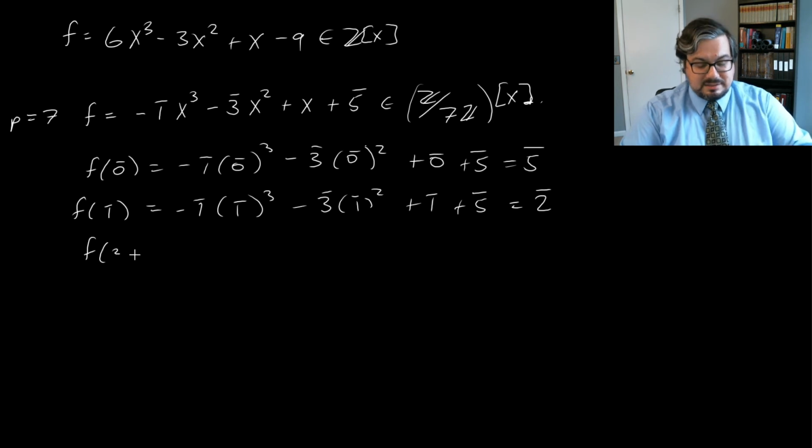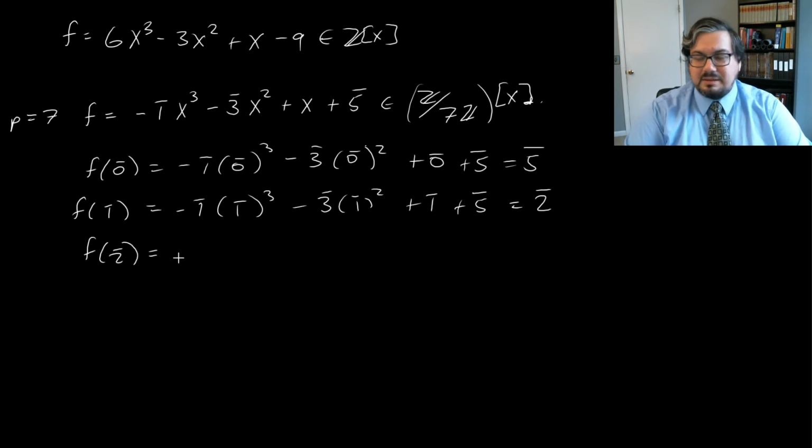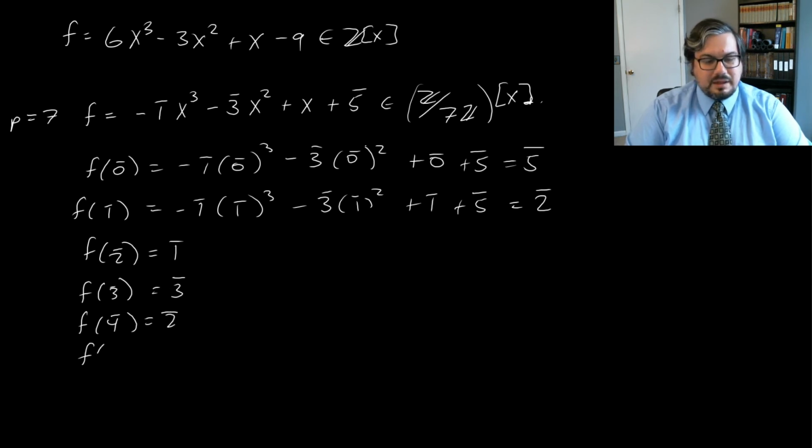And similarly, if you work out the rest of them, f bar of 2 bar is equal to 1 bar, f bar of 3 bar is equal to 3 bar, f bar of 4 bar is equal to 2 bar, f bar of 5 bar is equal to 6 bar, f bar of 6 bar is equal to 2 bar.